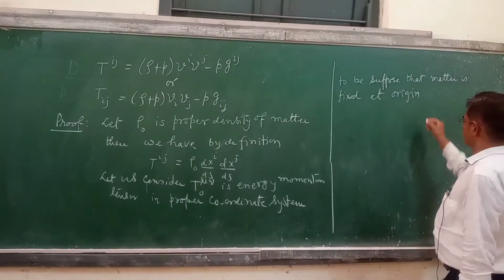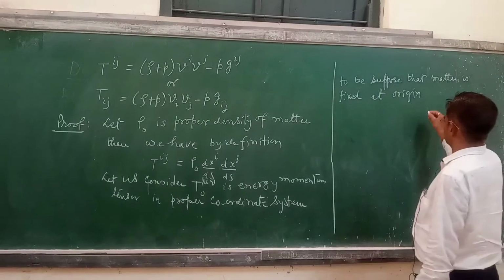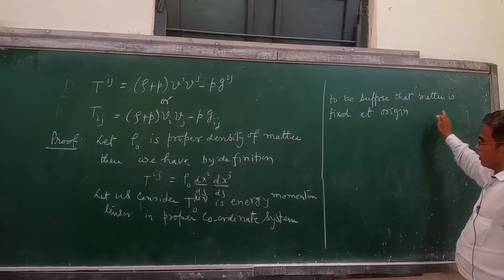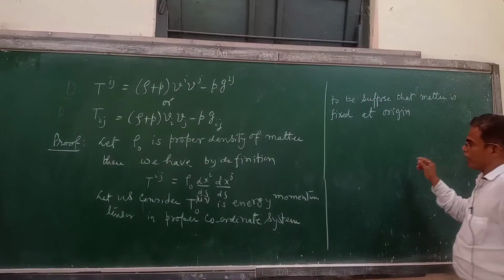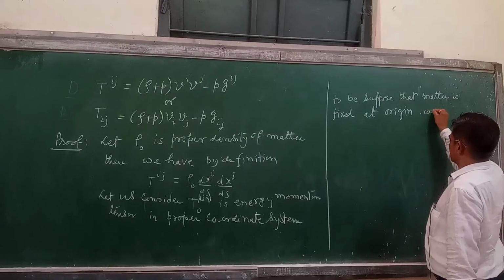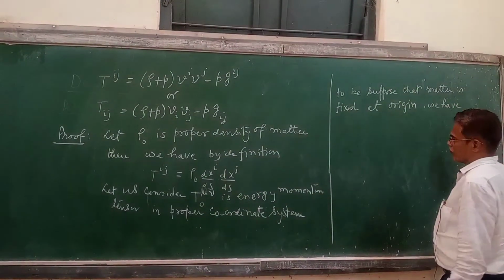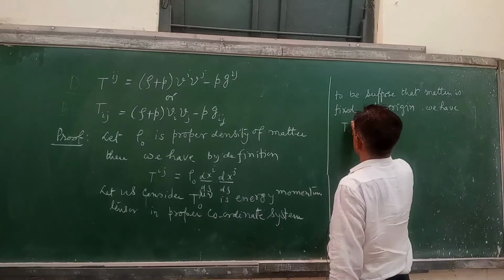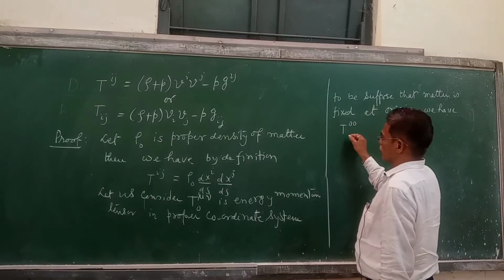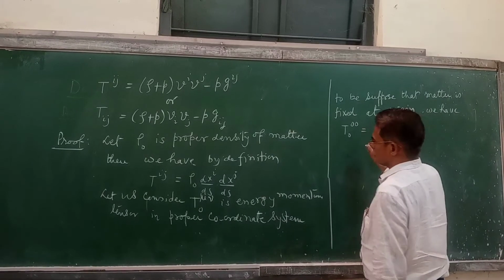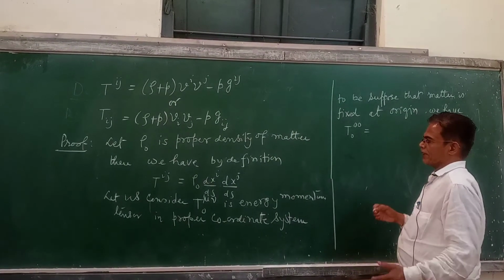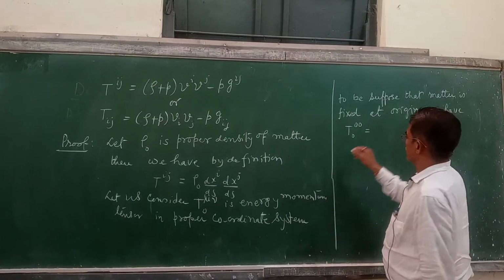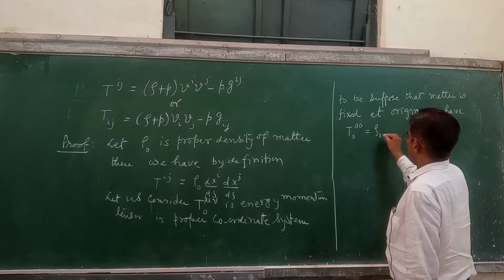So in this case, at origin we have T^00 is equal to 0, meaning the fourth coordinate, the time coordinate, is equal to rho 0.